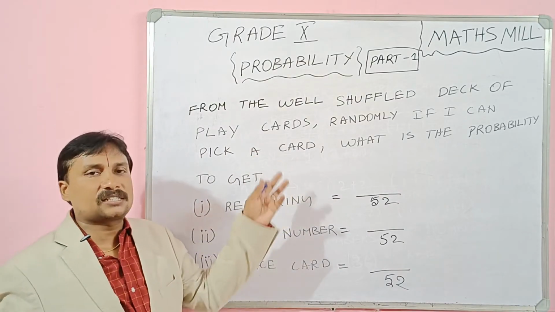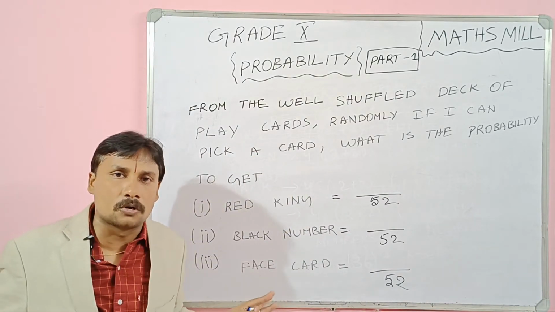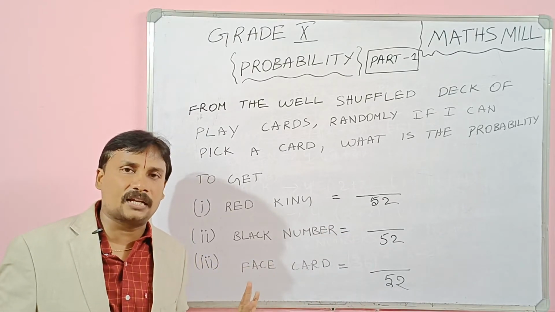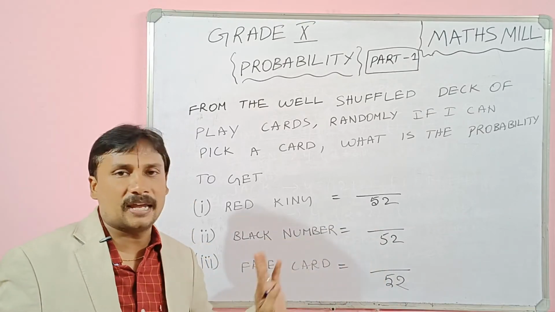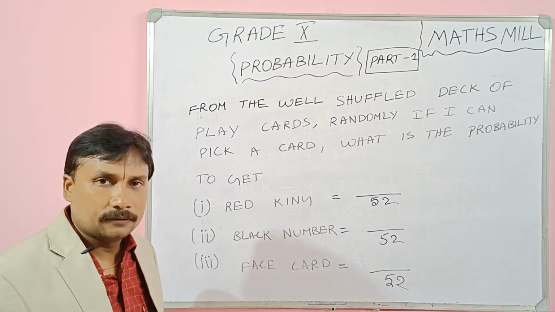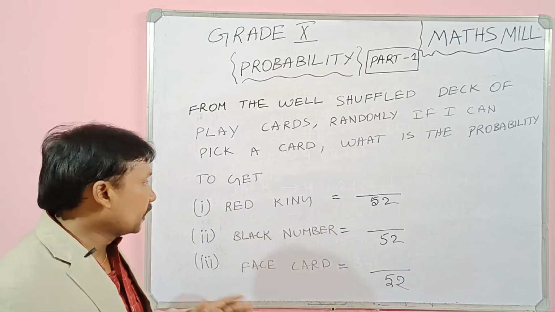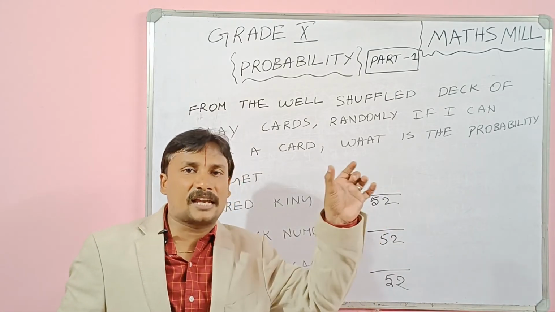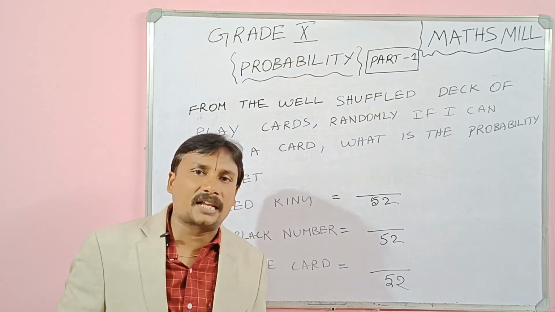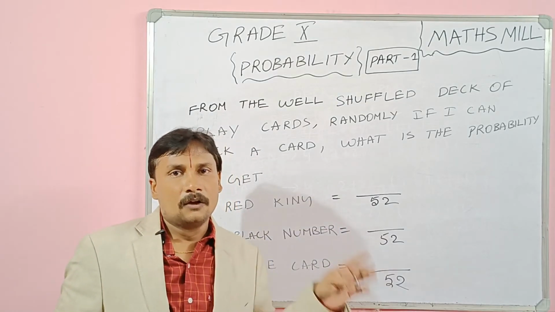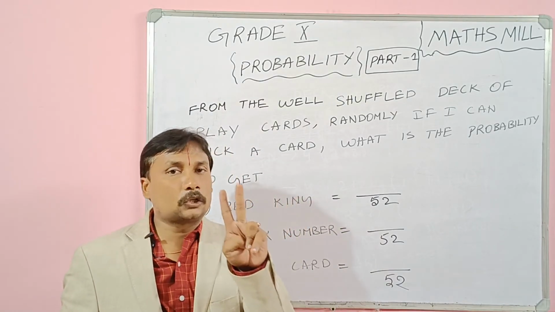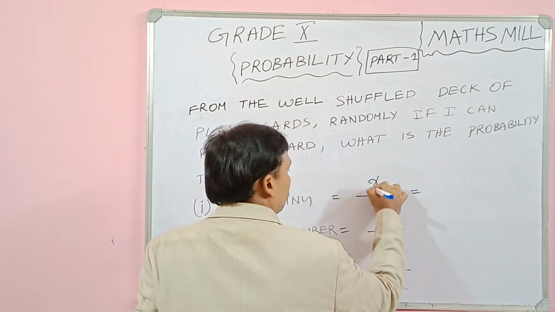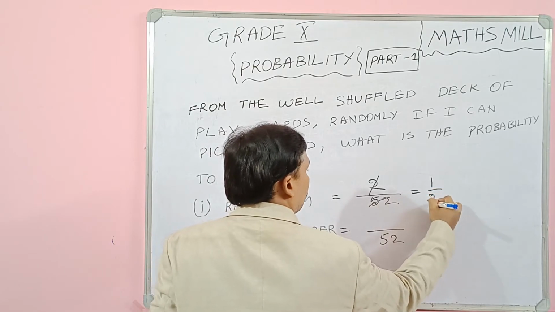If they say some cards are removed, then you should remove them. If they don't say anything, this 52 will stay as it is. Is it clear? Now coming to red king. First we go with the king segment. How many kings are there? I said earlier, 4 kings, of which 2 are red. So your answer is 2 by 52. We can simplify to 1 by 26.